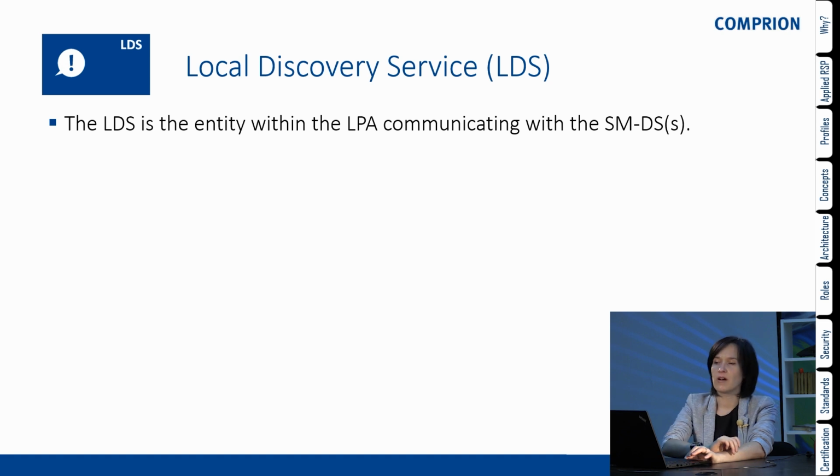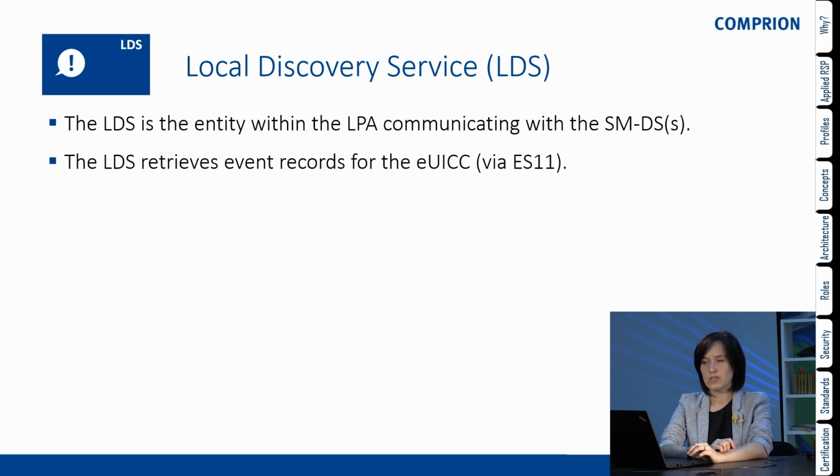LDS, or Local Discovery Service. From the logic of the names, the LDS is the entity within the LPA communicating with the SM-DSs. The LDS retrieves event records from the eUICC using the ES11 interface. It will probably be better understandable when you know the purpose of the discovery service.